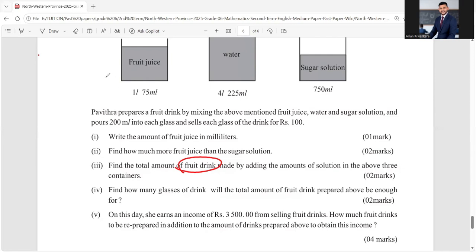So you have to add all these liters, milliliters: 1 liter 75, 4 liters 225, and 0 liters 750.